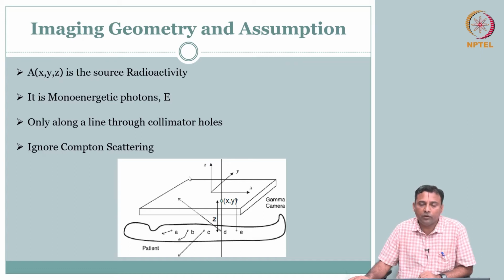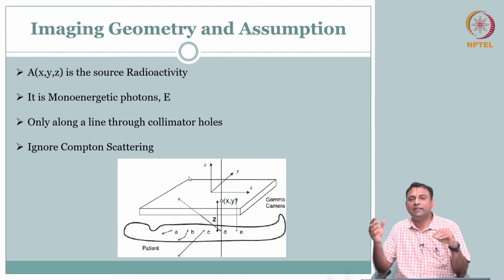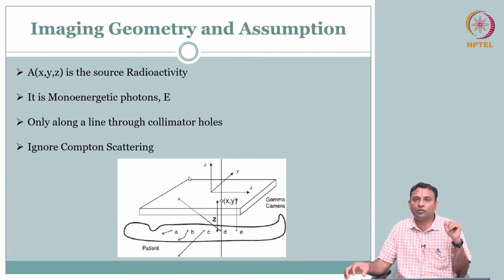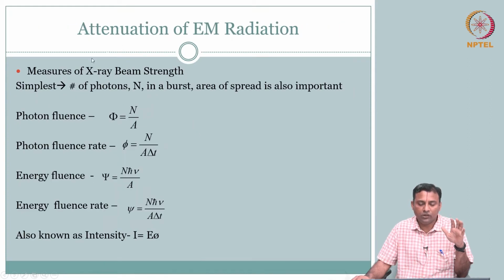You could think about how we came up with the first equation for projection radiography, and then we simplified that for CT, used monoenergetic equivalent and so on and so forth. So here it is very similar. Radioactivity comes out only through the line that hits the detector. So we will first start with what we know, right.